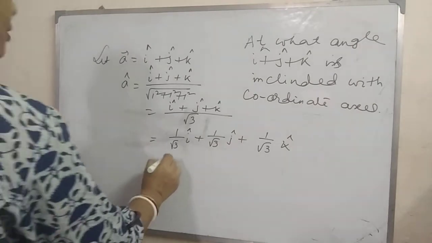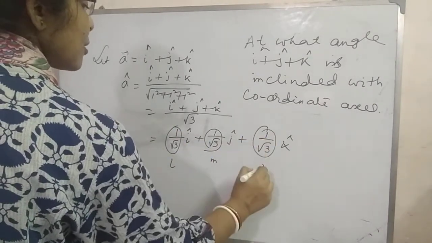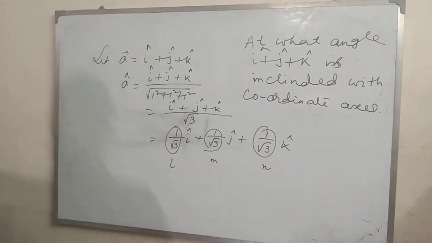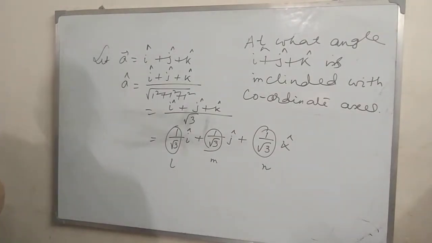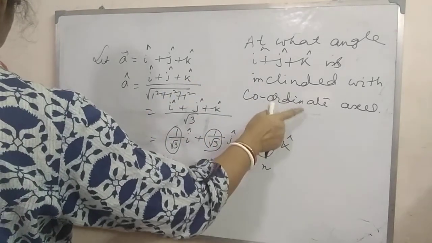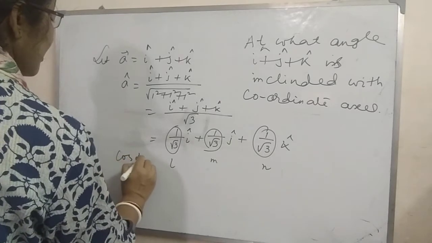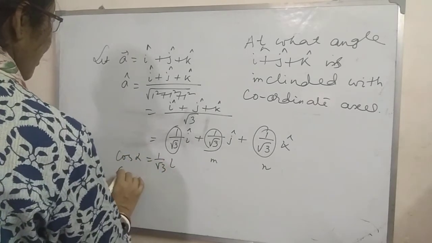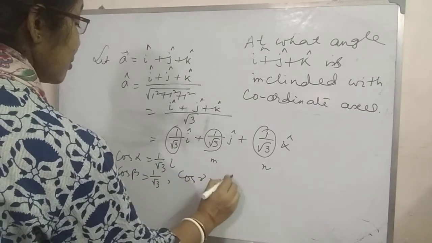I can write it this way: this equals L, this equals M, this equals N. This is the scalar component of A cap. Here the question is at what angle this vector is inclined with the coordinate axes. That means cos alpha equals 1 by root 3, cos beta equals 1 by root 3 and cos gamma equals 1 by root 3.